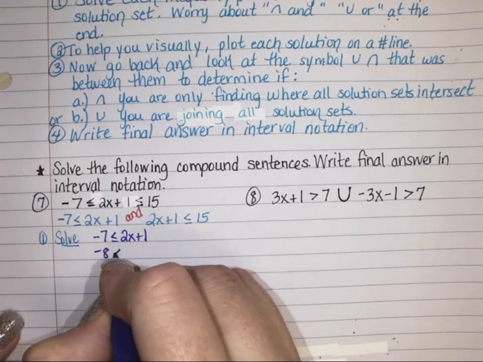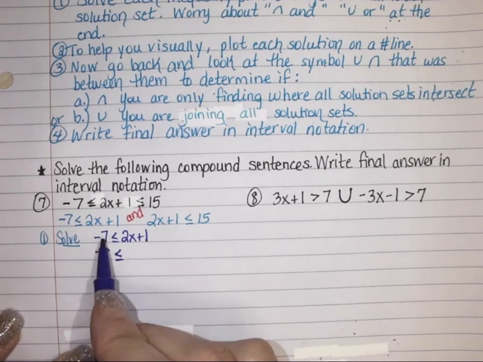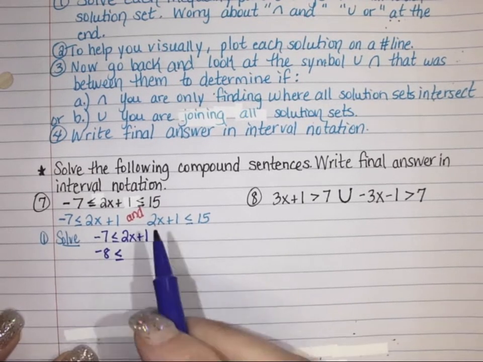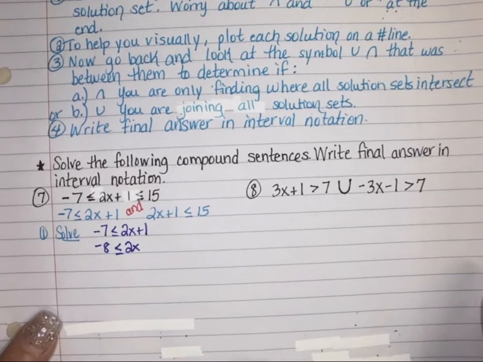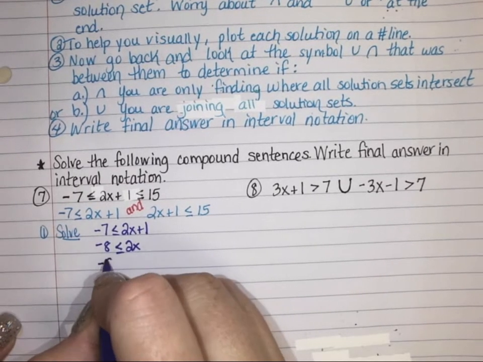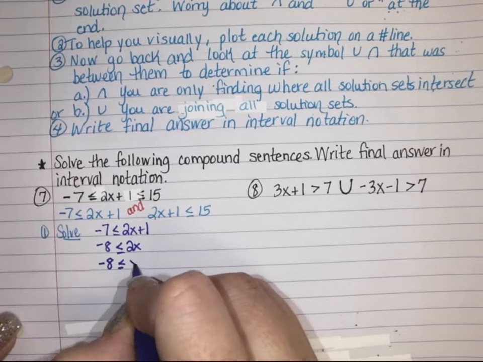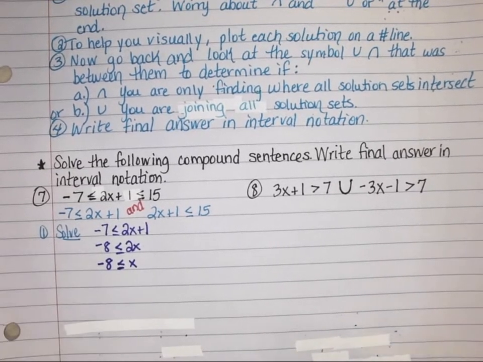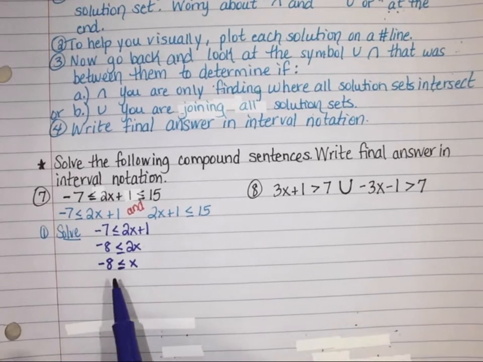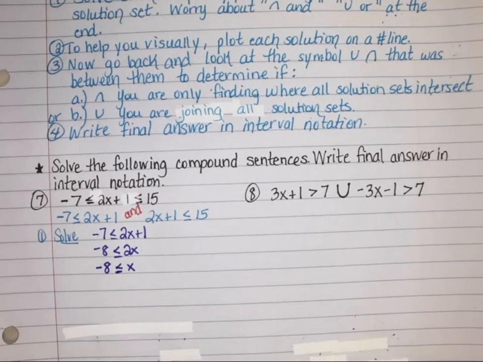Subtract 1 from both sides. So if I subtract 1 here, I get -8, and then you're left with 2x on this side. Divide by 2. Remember, the only rule you have to remember with inequalities when you're solving, if you multiply or divide by a negative, flip the symbol. So there's my first solution set.